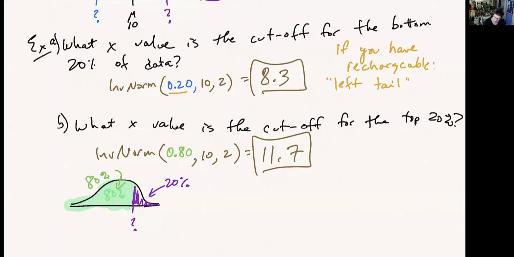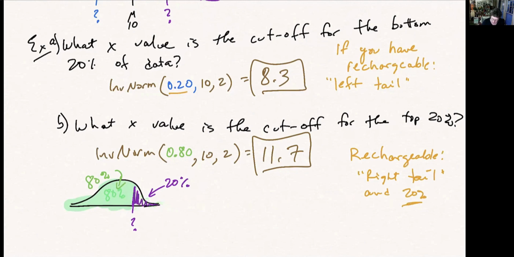Those of you with a rechargeable calculator, you would choose right tail, and then you would put in that 20% because you're telling it you want the top 20%.